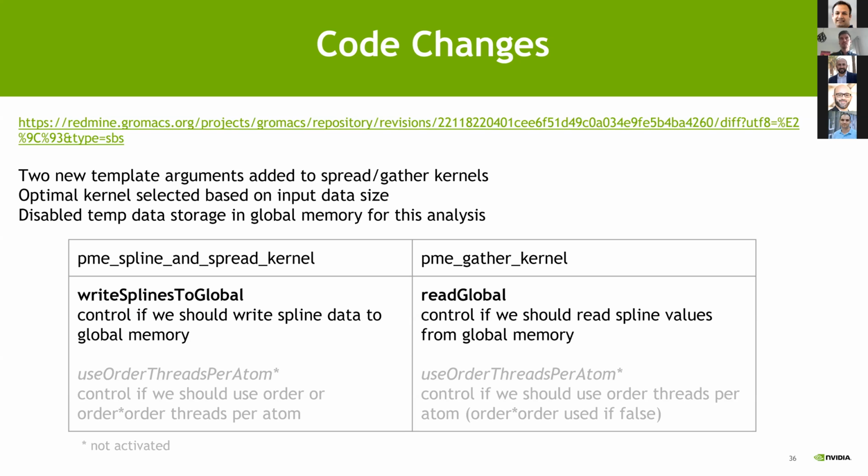Because we saw in the beginning, our compute units are not very utilized, so there's a lot of headroom to add more compute and remove this memory latency. There was also a second optimization done in the same submission, but it's not activated in this analysis.